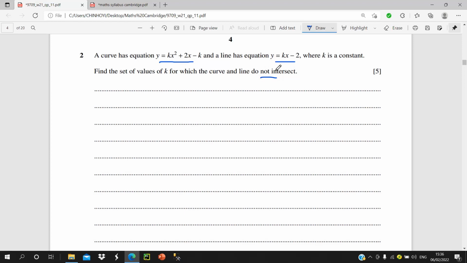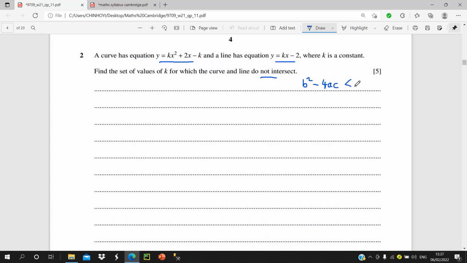So using the concept of the discriminant, b squared minus 4ac should be less than 0. We are going to combine the two equations, then use the concept saying b squared minus 4ac, the discriminant.